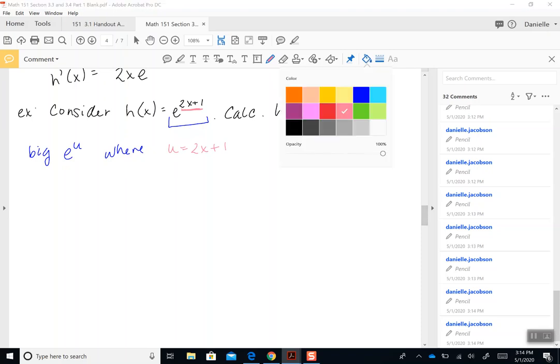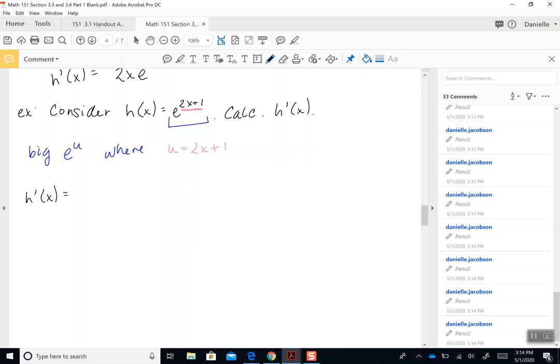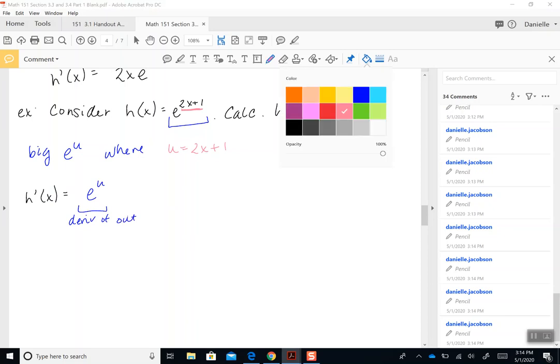Okay, so let's take our derivative, h prime of x. All right, we need the derivative of the outside, so the derivative of e to the u is just e to the u. Okay, so in blue I have the derivative of the outside. Okay, I need to multiply that by the derivative of the inside. Or sorry, no, I don't. I need to plug the inside back in.